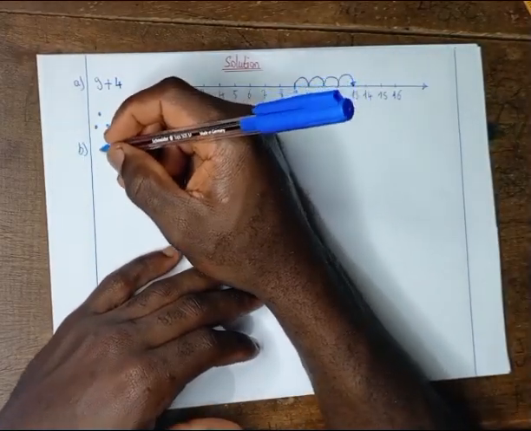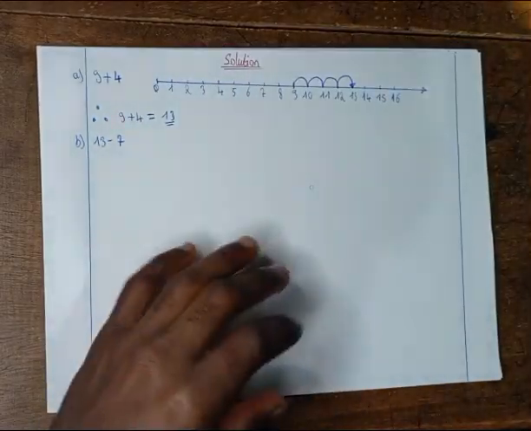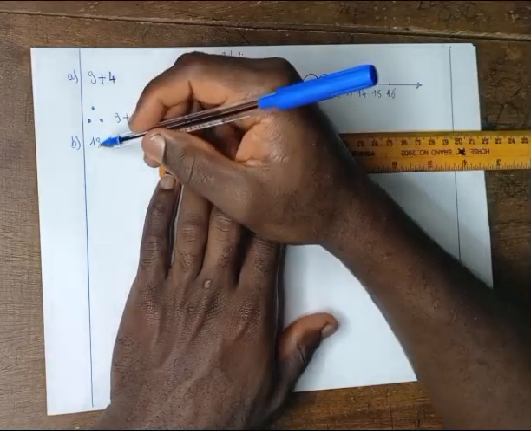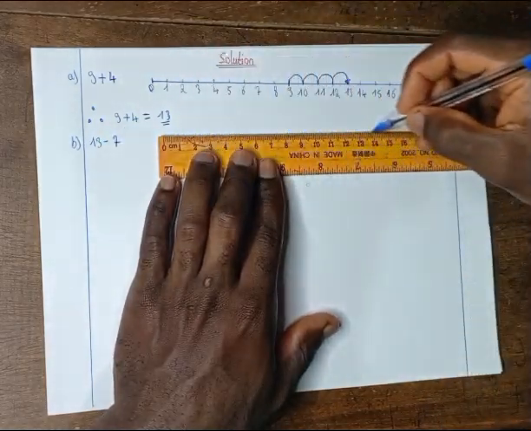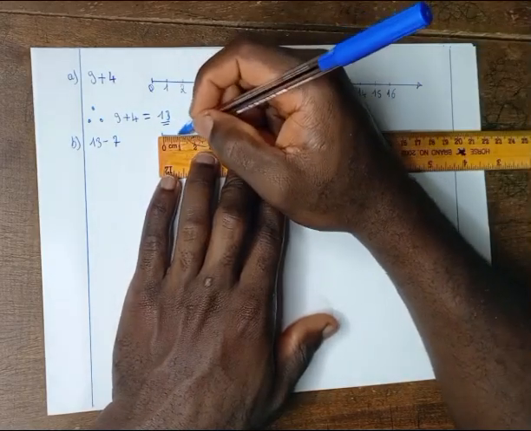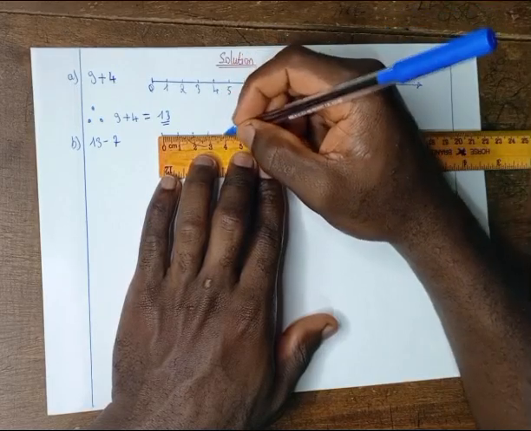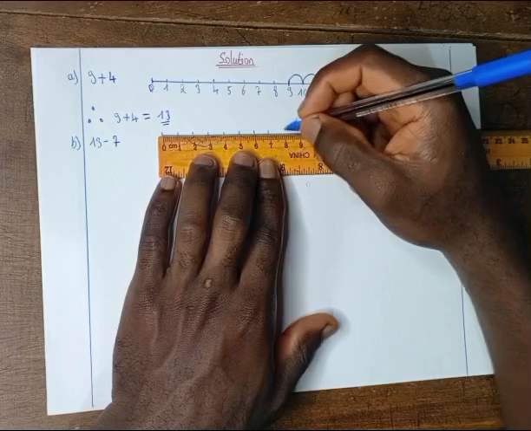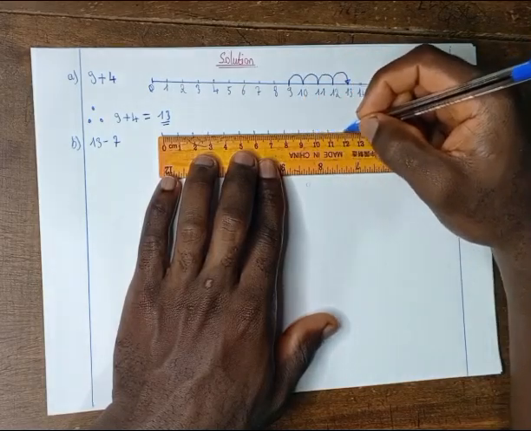We go to question B. We have 13 minus 7. First thing, we need to start by drawing our number line right up to the first number. The first number is 13. The operation sign is minus. That means we have to move to the left of 13. The second number is 7, so we have to move 7 units to the left of 13.